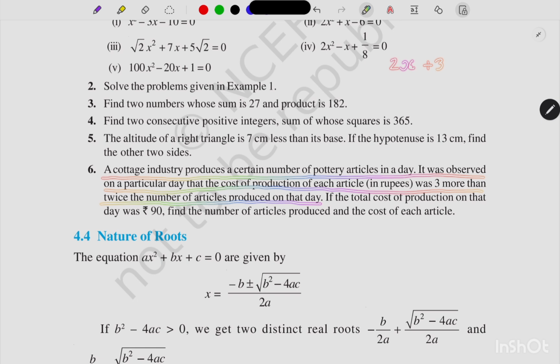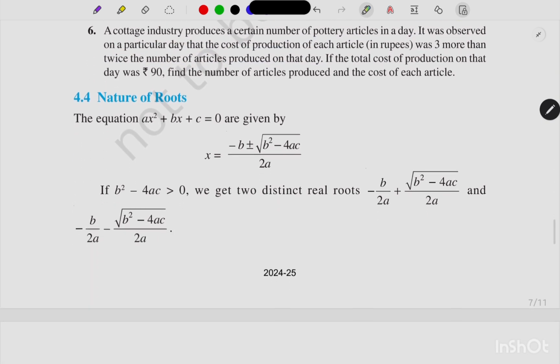If the total cost on that day was 90, then the number of articles produced and the cost of each article, multiply this by x, because this is the total cost of production. Now, I answered a similar question like this before. Hope you were paying attention that time. We got 90 here. That means we got 2x square plus 3x minus 90 is equal to 0. You can solve this.